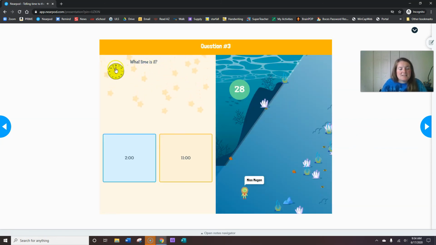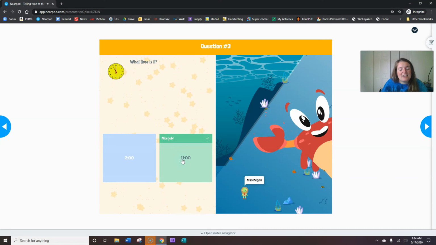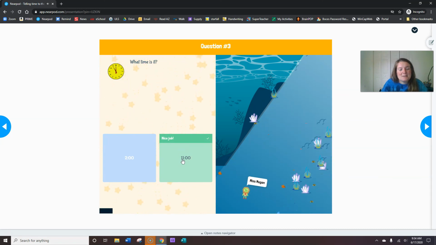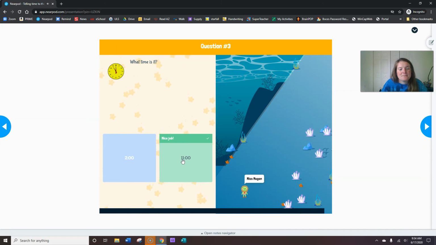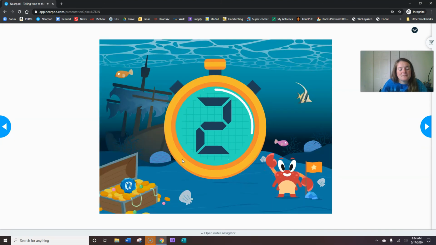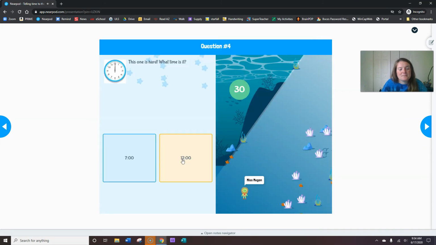What time is it? So this is my little hand on the 11. It can't be 2 o'clock, but it can be 11 o'clock. Is that big hand on the 12? It is 11 o'clock. This one is hard. What time is it?